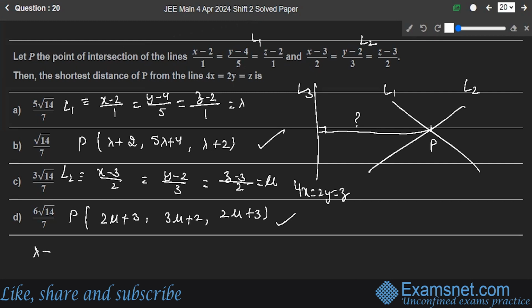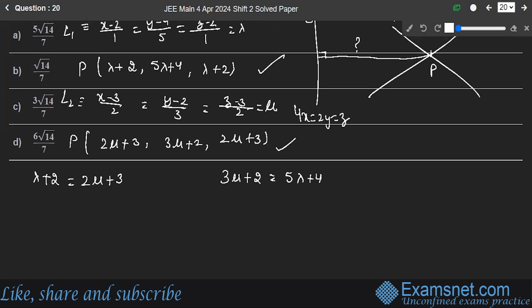That means you have lambda plus 2 equal to 2 mu plus 3, and one more, 3 mu plus 2 equal to 5 lambda plus 4. Let's solve these two equations. You have lambda minus 2 mu equal to minus 1, and from here, minus 5 lambda plus 3 mu equal to 2.